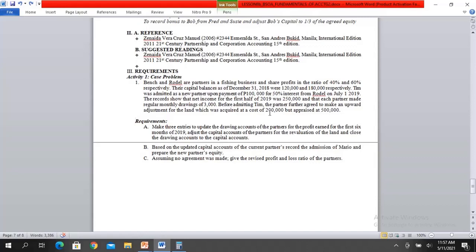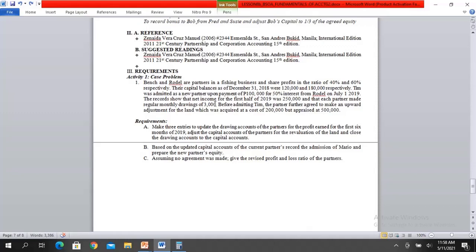So, i-compute nila yun. So, per month nila is 3,000. Multiplied by 6 months is, meron silang magkano? I-compute natin total ng withdrawals nila. So, 3,000 times 6 months. Ayan yung total amount ng withdrawals nila.